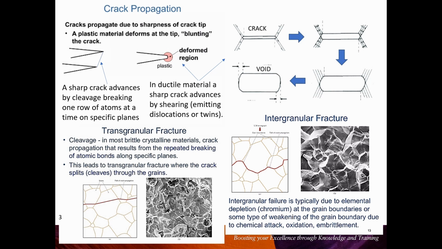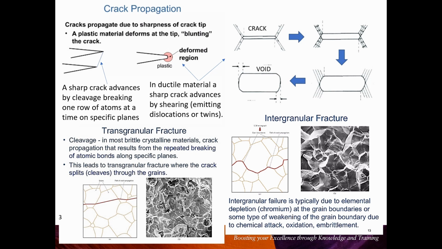Cleavage fracture is like dislocation slip. Dislocation slip is an easy way to break all the bonds in a material without expending too much energy. You gradually work your way across a certain area of material, breaking one row of atomic bonds at a time. The same thing with cleavage fracture.